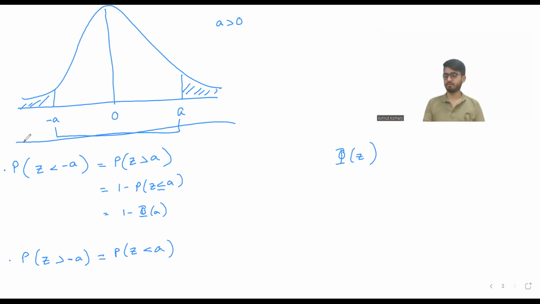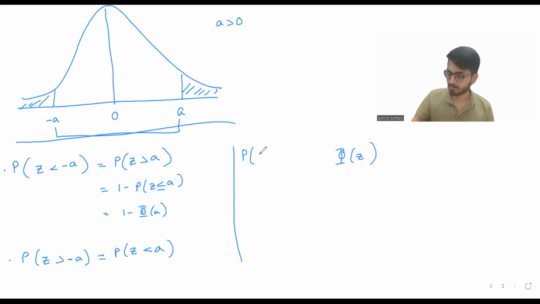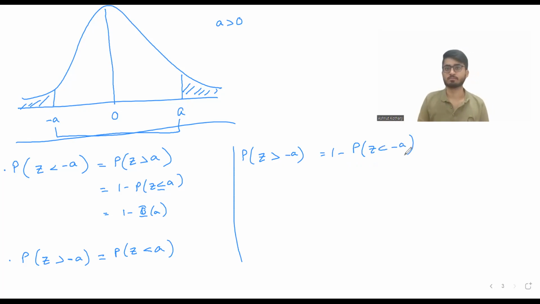Or alternatively, if that is not resonating clearly, probability Z greater than minus A is nothing but 1 minus probability Z less than minus A, and we get the result.